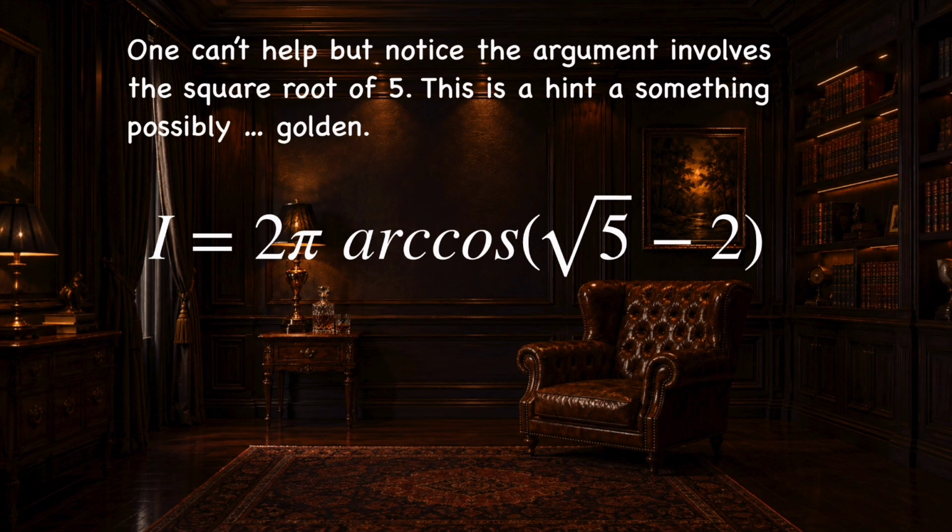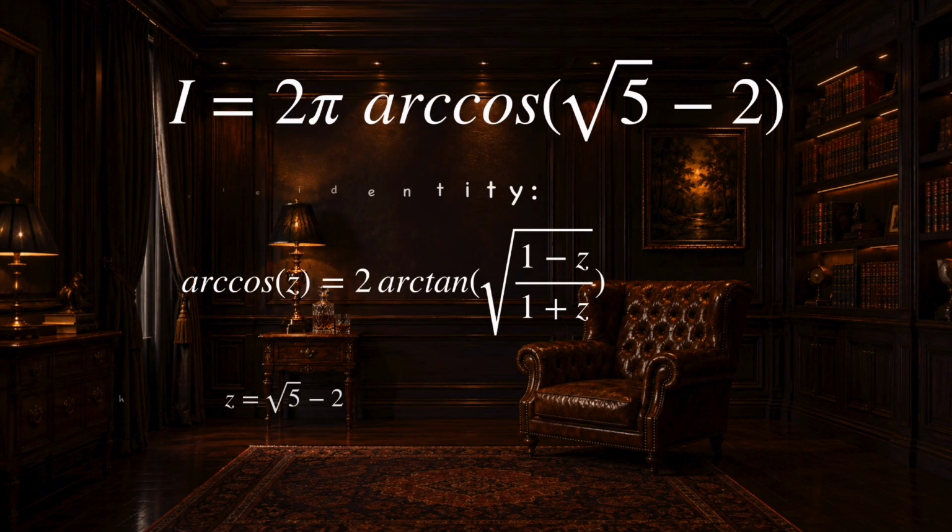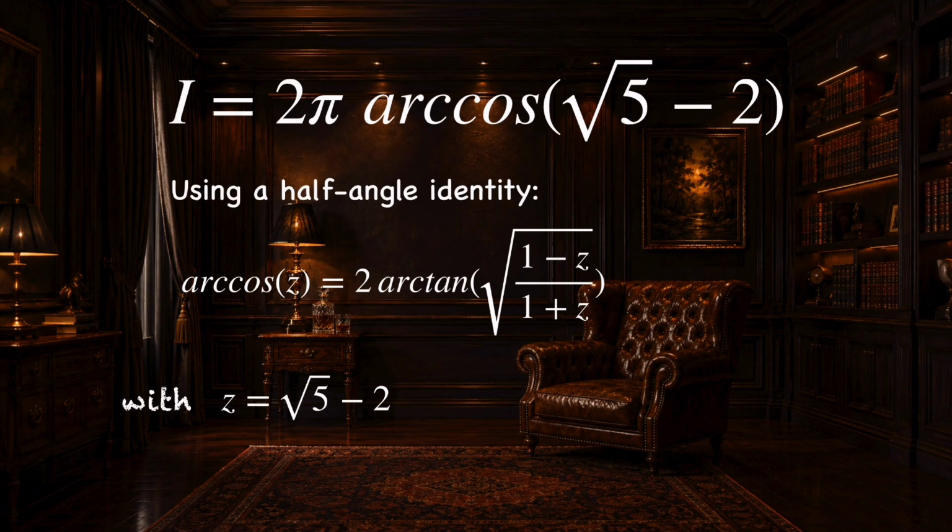You see, one can't help notice that the argument involves the square root of 5. This is a hint at something possibly golden. And so, using a half-angle identity shown here, with z equal to the square root of 5 minus 2, we get the following result.